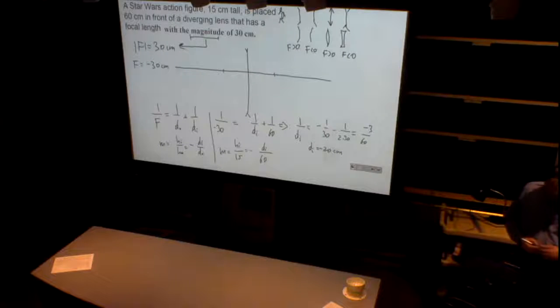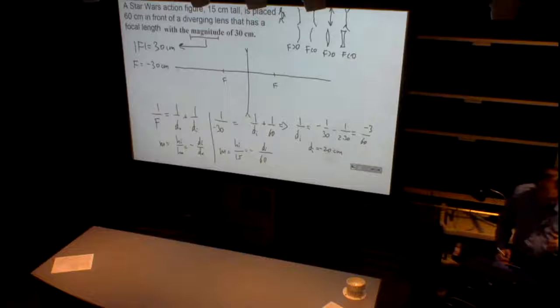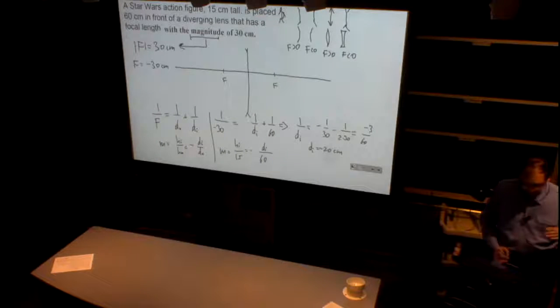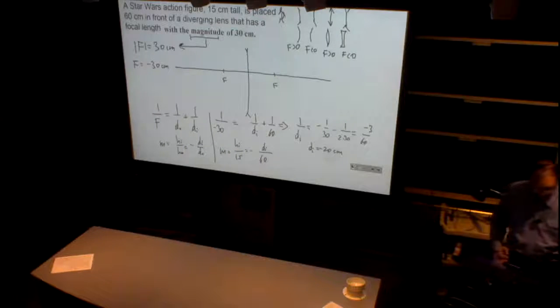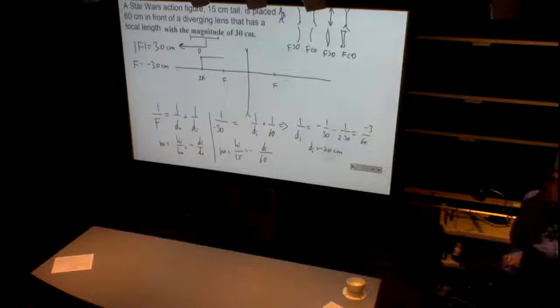So focal distance 30. Well, we need only the right one, but still we need the left one to know where we should place. Oh, this is diverging, so 60 is here, 60 is 2 times 30, 60. We place an object here, an object, and now we can draw 2 rays.